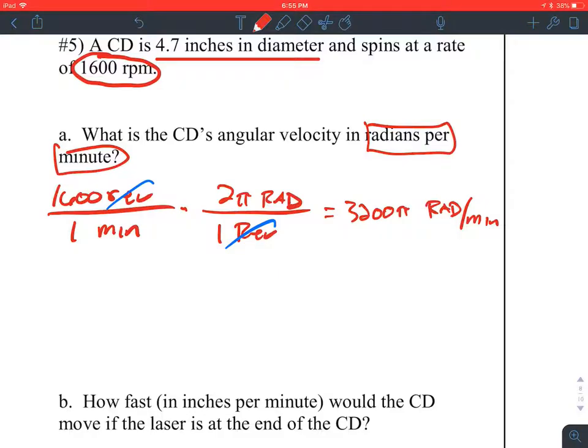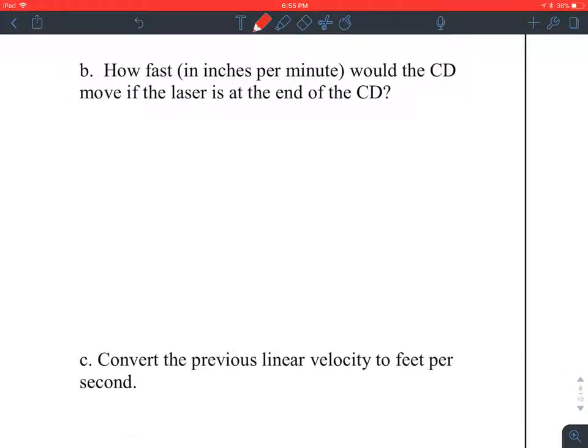Part B. How fast in inches per minute would the CD move if the laser is at the end of the CD? If the laser is at the end of the CD, that means we're using the entire diameter of the CD. So we take the original rate we were given, 1600 revolutions over 1 minute.